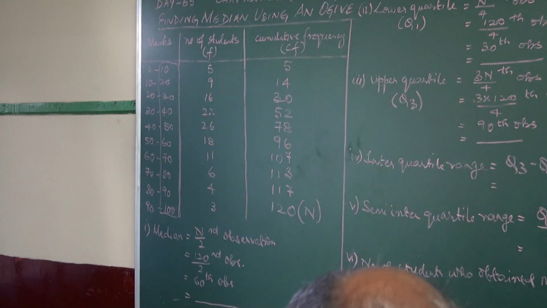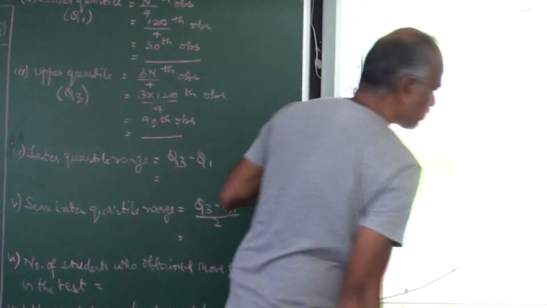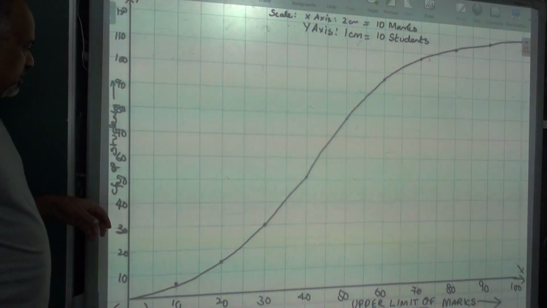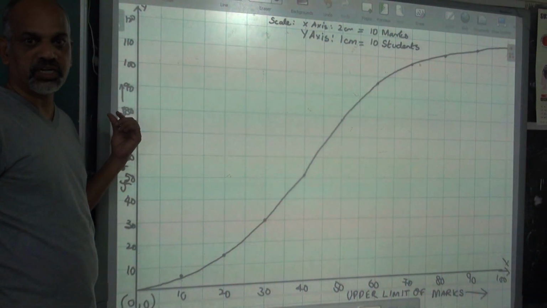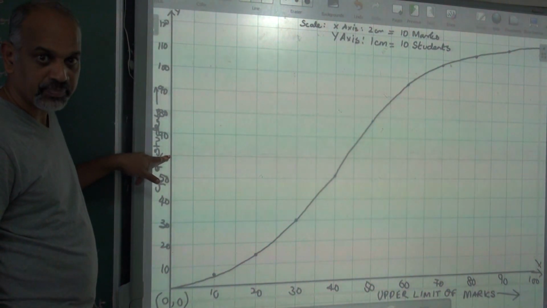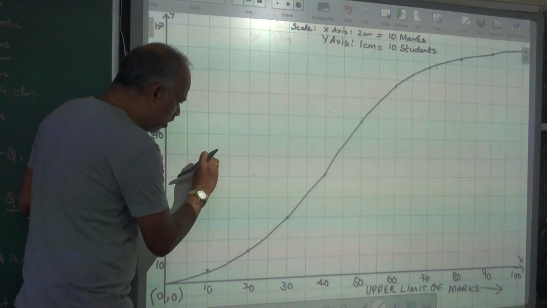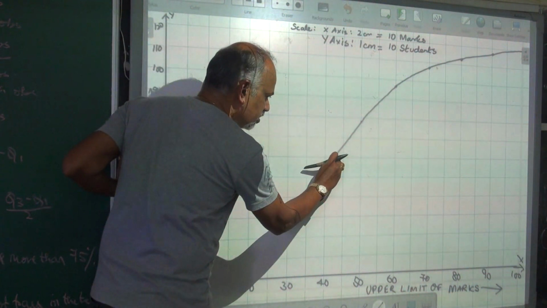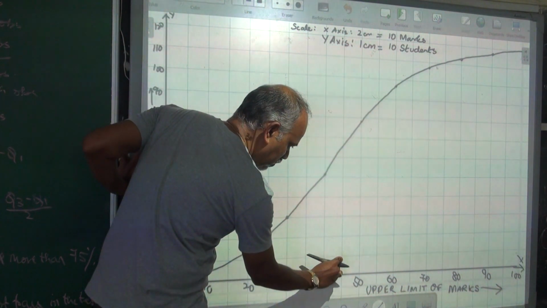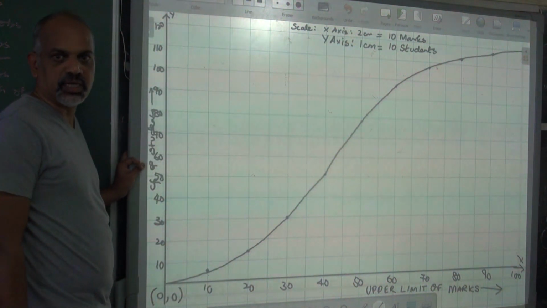So the 60th observation is what we are going to see. For that, let's go to the graph. As I said, the 60th observation is the cumulative frequency. Cumulative frequency is here. The 60th observation is this one. From here, you draw a horizontal dotted line to meet this curve. And wherever it meets the curve, from there you drop a perpendicular line to the x-axis. And the value you get becomes your median.